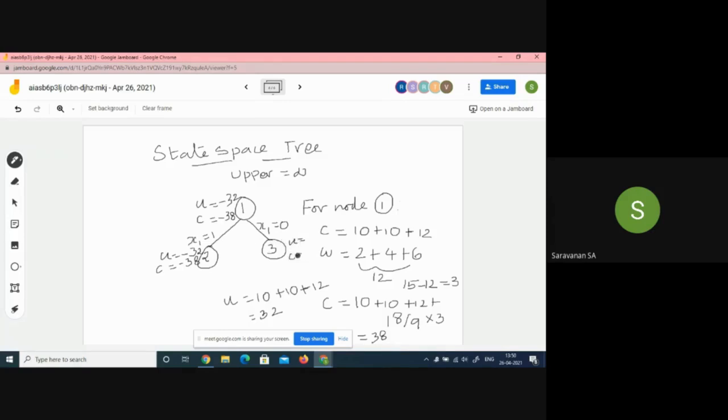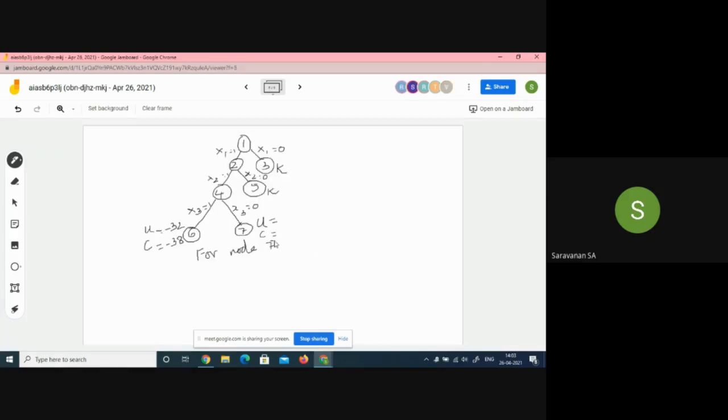Okay. We are going to calculate the U value without fraction, C value with fraction. Am I right? So we are checking first node, second item, and the third item. So 2, 4, and 6.